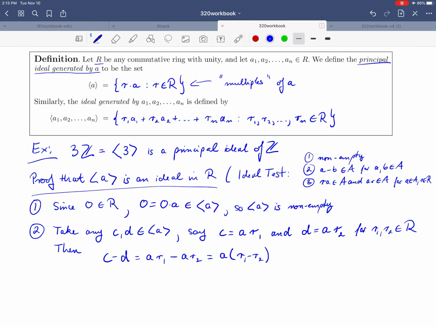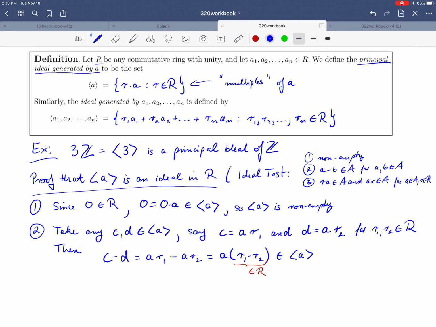But R is a ring, so R1 minus R2 is in our ring, and so this is again an element in our principal ideal, because this right here is an element in R, and so by definition A times that element is an element in our principal ideal.